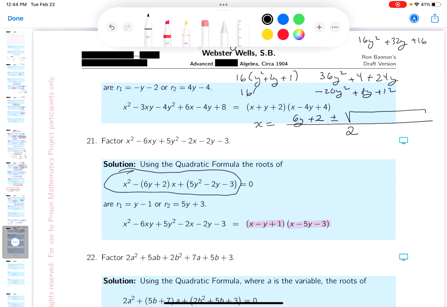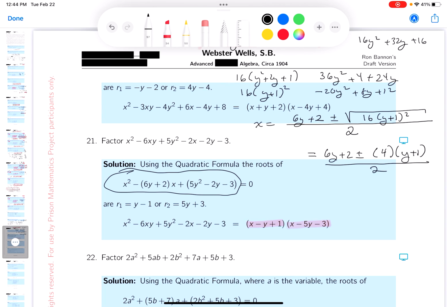And this would be 16 times y plus 1 squared. I'll write that down. Well, that's convenient. You get 6y plus 2 plus or minus. Well, the square root of 16, that's going to be 4, and y plus 1 squared is y plus 1. That's good. The plus or minus makes it so much easier.